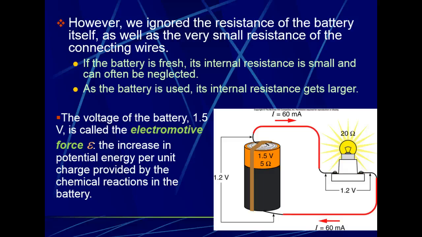It's not working anymore. We call the voltage of the battery the electromotive force, script E. And so we use a different version of Ohm's law, that the electromotive force, script E, is going to equal the total current in the circuit times the total resistance in the circuit. We call that the loop equation.